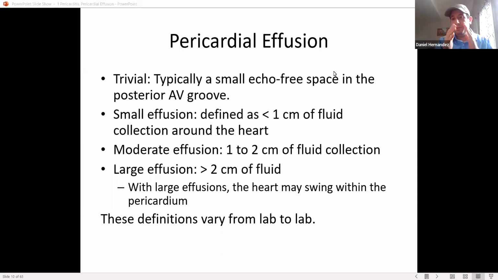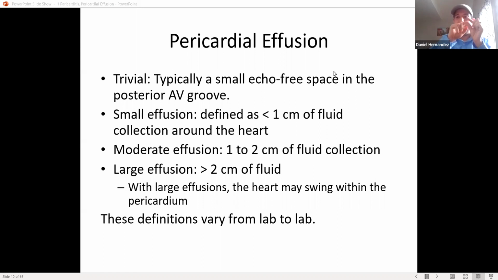If we see fluid posterior to the right ventricular wall and we have a good area to measure, we're going to measure during diastole when the chamber is largest and that pericardial effusion is the smallest.